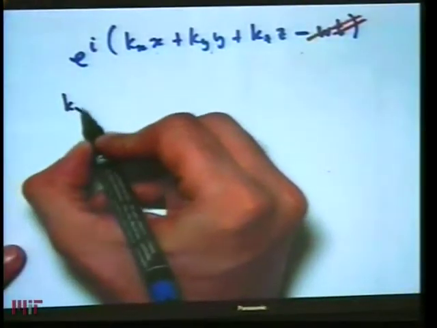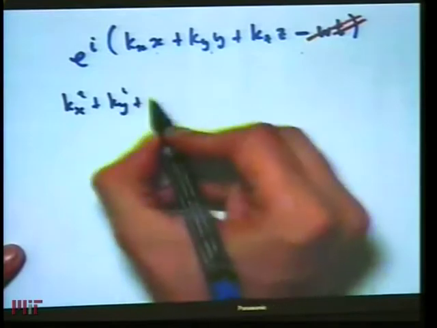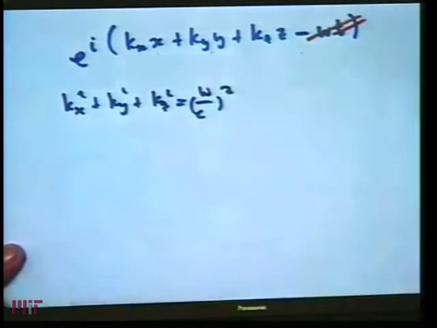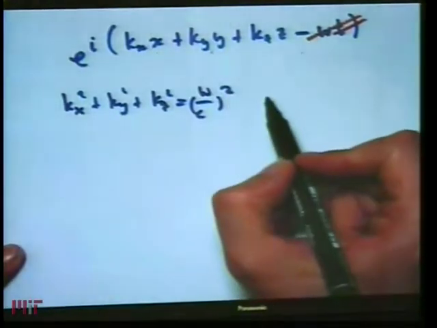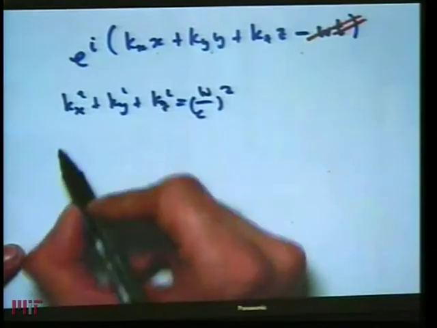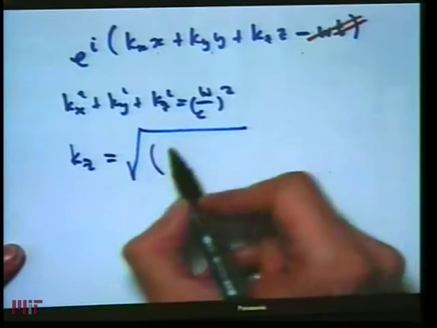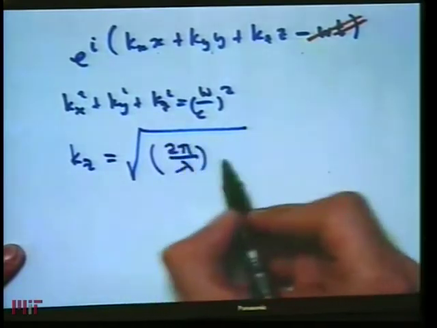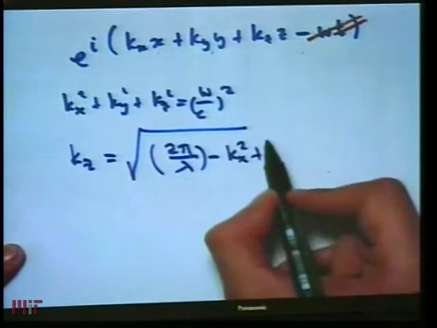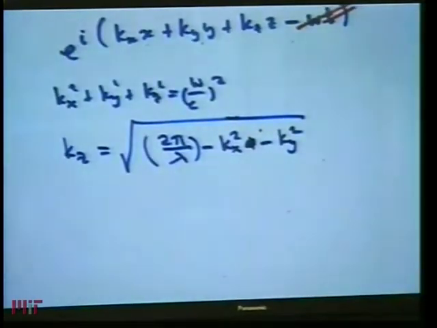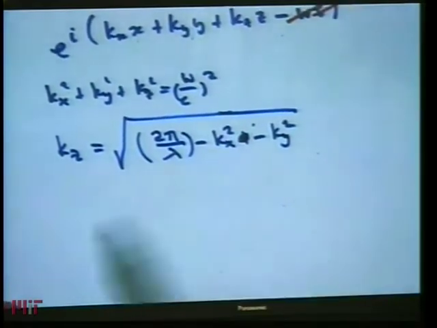They're given by kx squared plus ky squared plus kz squared equals (ω over c) squared. This is another way, after solving the sphere.